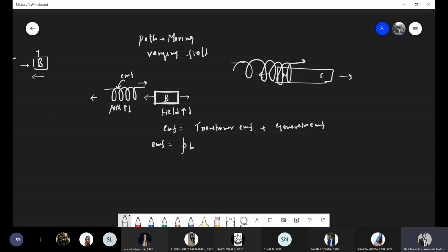So the general EMF equation is closed line integral of E dot dl, which is equal to, what is the transformer EMF which we derived in the first case?